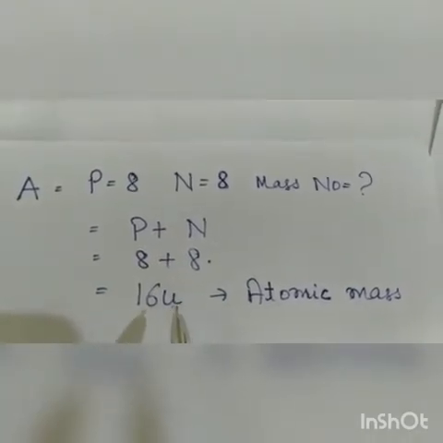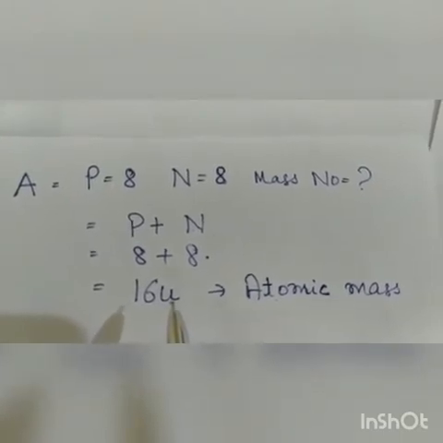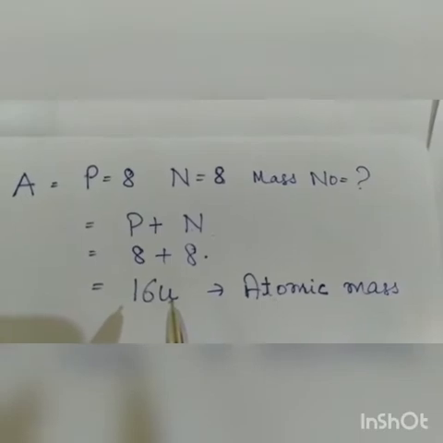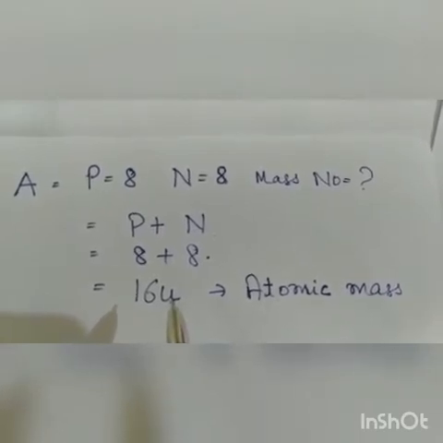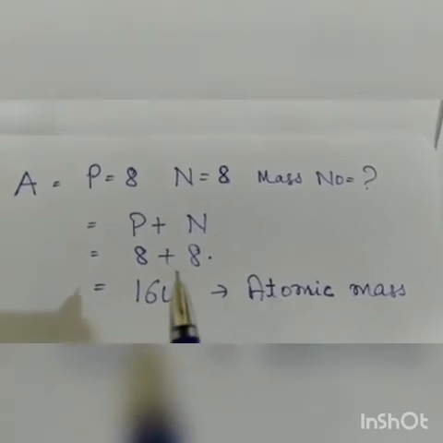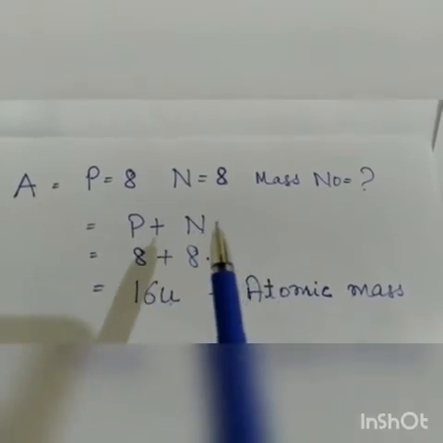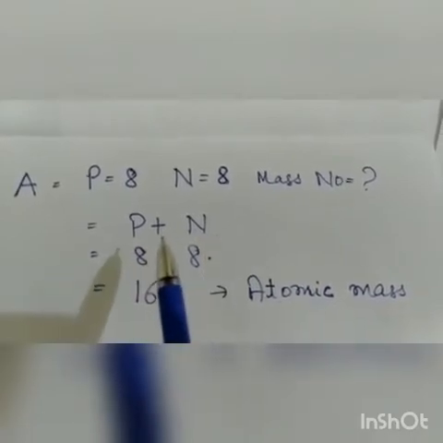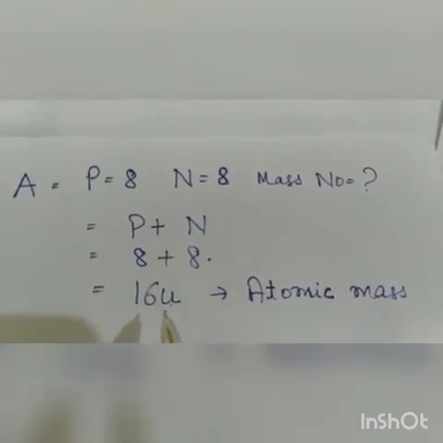Now pay attention. I have told you in the beginning that the mass of electrons is very, very less. The mass of an electron is taken as negligible, or we don't consider the mass of electrons. But we take into consideration the mass of protons and neutrons, and both lie in the nucleus. Now mass number is 16 units.